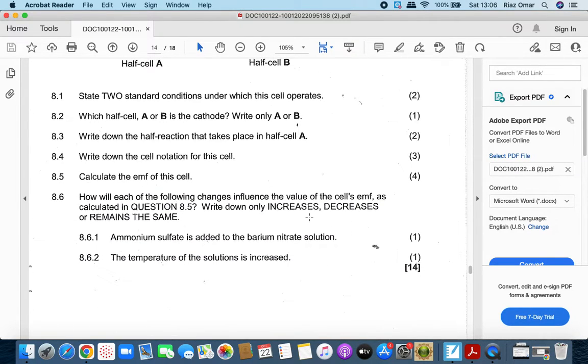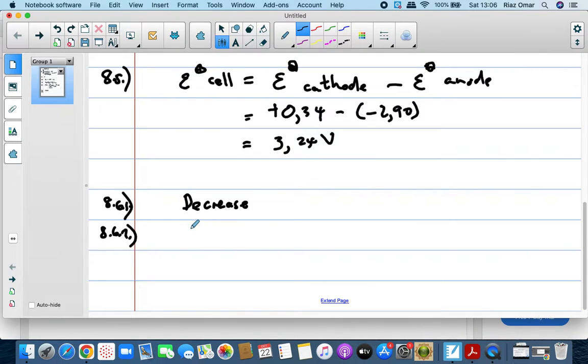So the EMF basically will also decrease. Okay, so that will be the answer. Because the temperature increases, the voltage decreases.